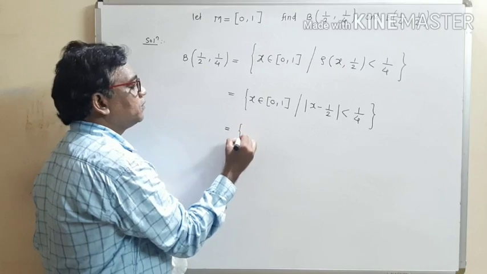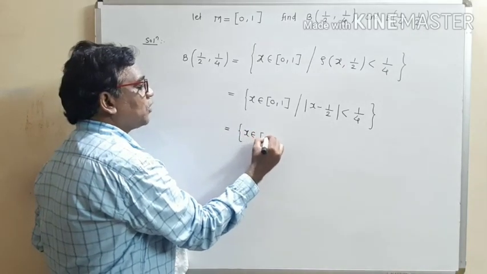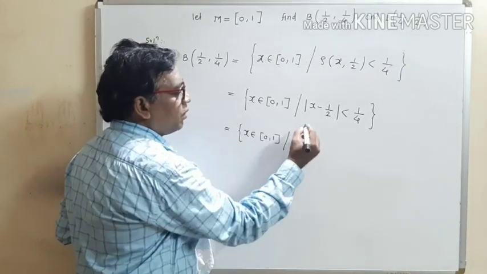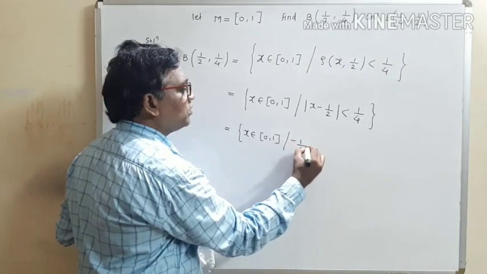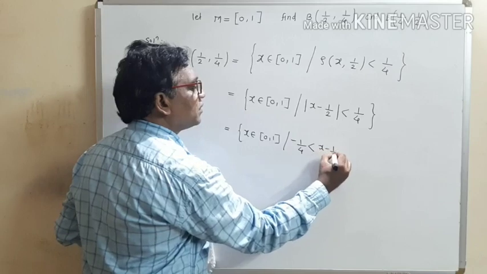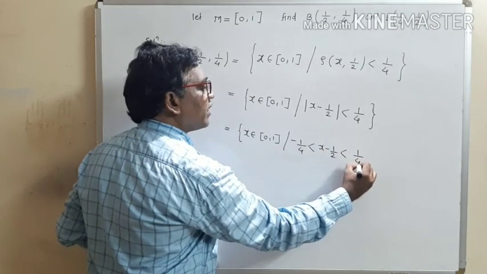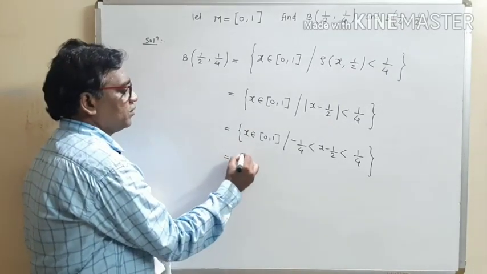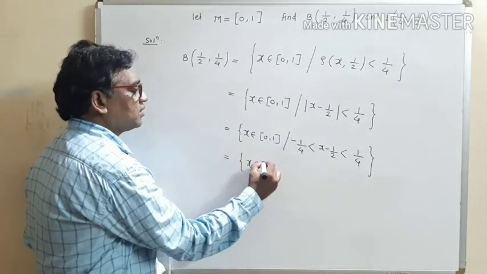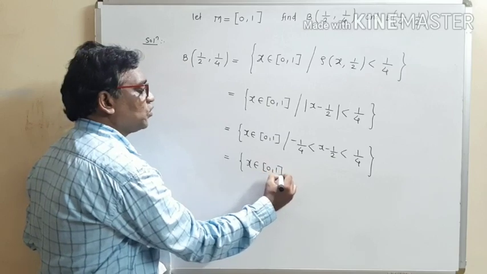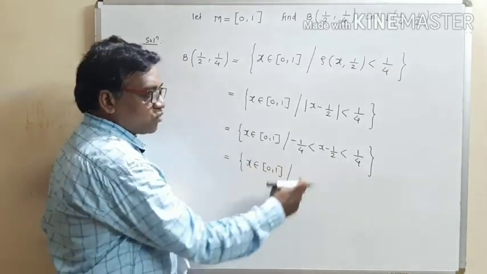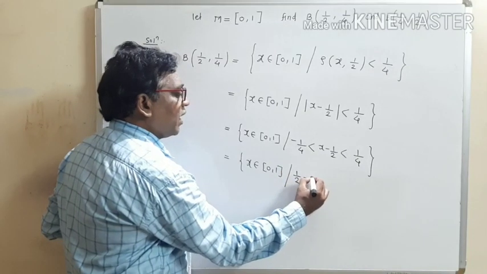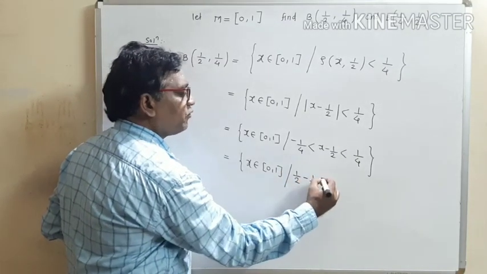So this is equal to the set of all x in closed interval [0, 1] such that, modulus means it takes both negative as well as positive values. So find the set of all x belonging to closed interval [0, 1]. Add 1/2 to every term. This is 1/2 minus 1/4; the 1/2s cancel.